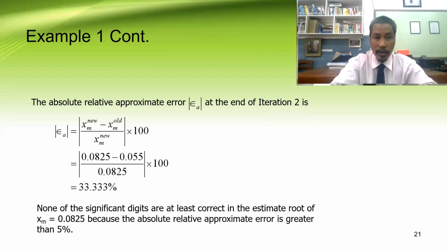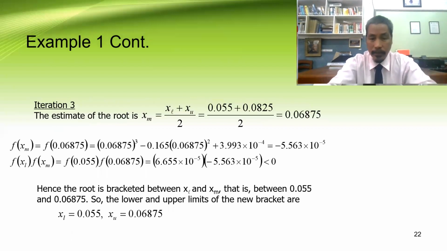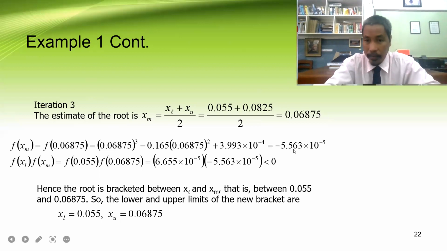So let us go to step number 3. Again, find the XM to be the average. The average is 0.06875. Then again, do the same iteration. Substitute this value into the function and evaluate it, and the value is negative 5.563 times 10 to the negative 5.